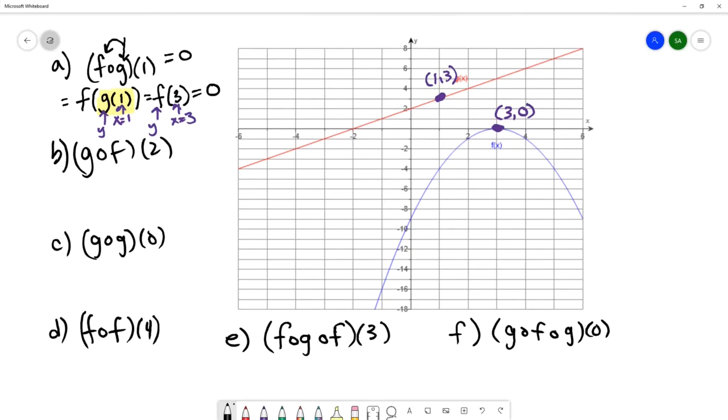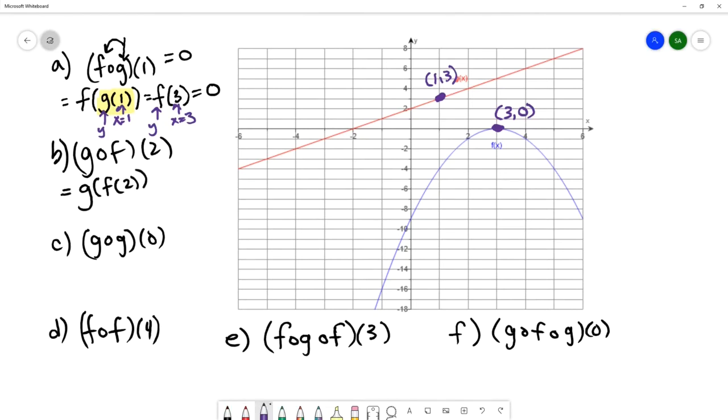In part B, I want to find G composed with f of 2. So we're going to rewrite this with the understanding that composition is substituting one function inside of another function. So this is G of f of 2.